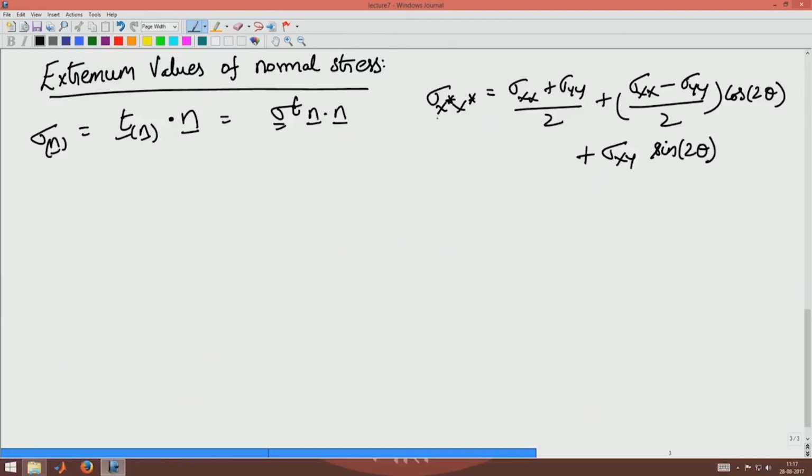If I want to maximize this value, what should I do? I have to take a derivative of sigma x star with respect to theta, set it to 0, then what do I get?